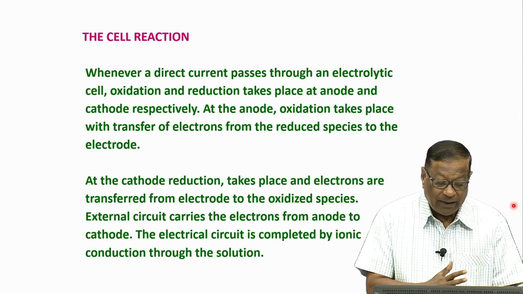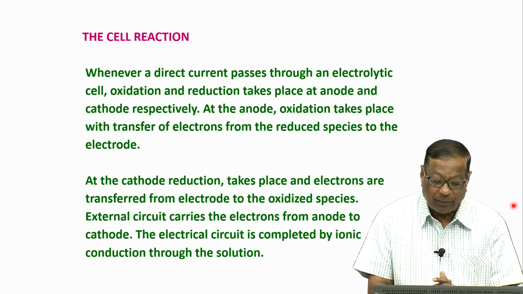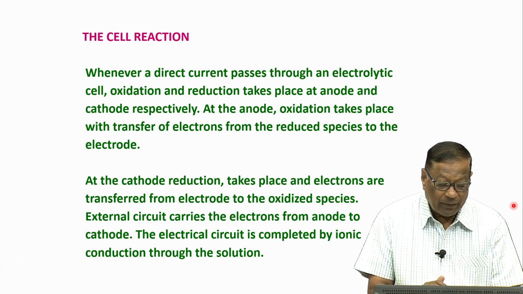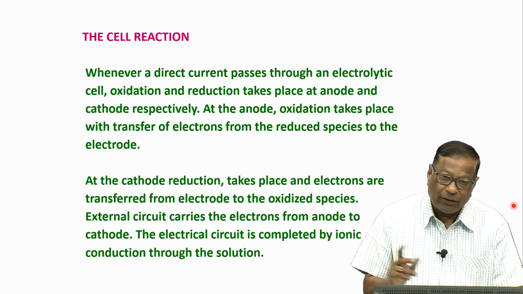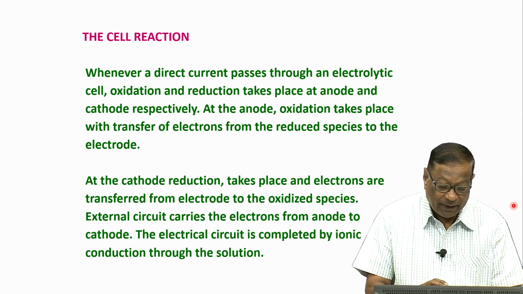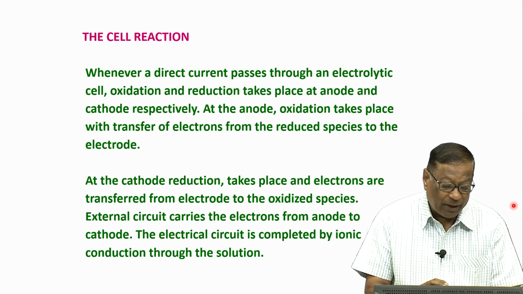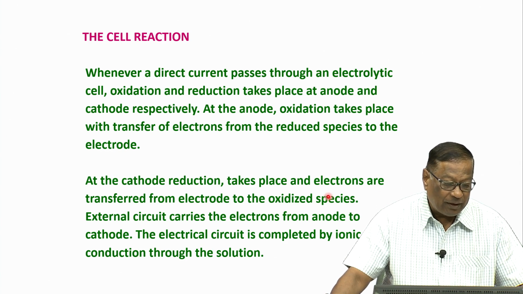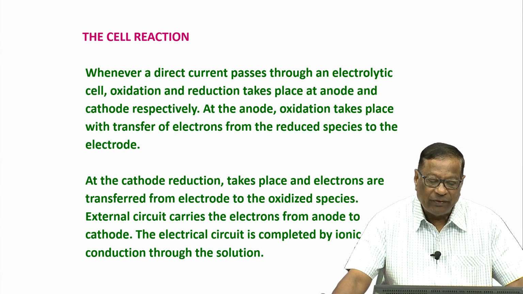At the cathode, reduction takes place and the electrons are transferred from the electrode to the oxidized species. So, the external circuit carries the electrons from anode to cathode, and the electrical circuit is completed by ionic conduction through the solution. This is the typical setup of a cell reaction.